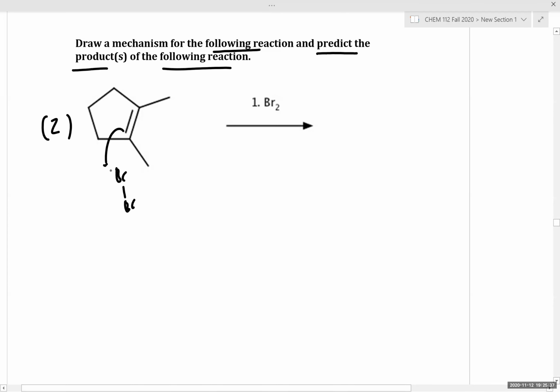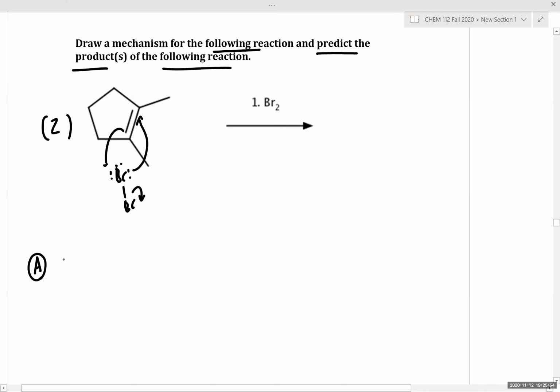So we have the attack of our alkene on our bromine, and we end up with coordination of our bromonium ion on either the top or bottom face. So we have two options.